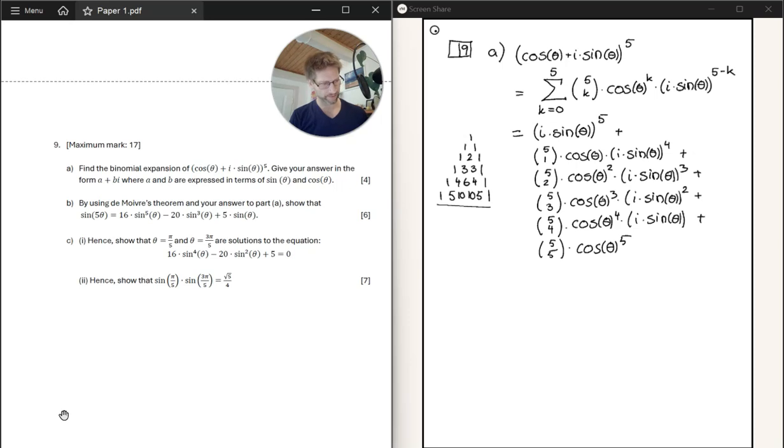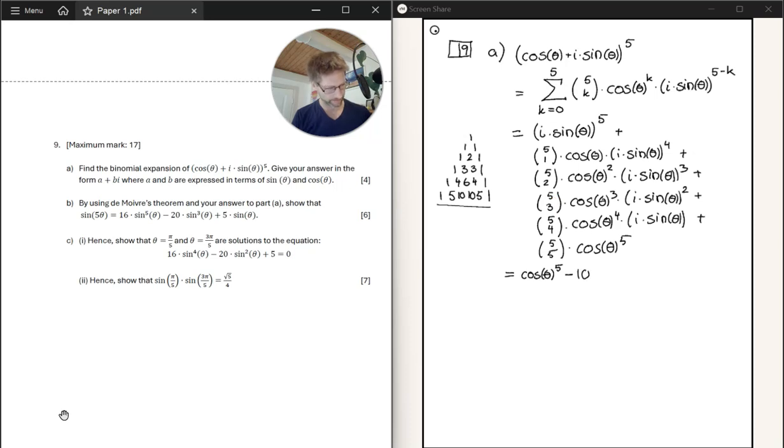These are the real part, and if we try and write those up, then the real part becomes 1 times cosine to the... Let's do this one first. We get cosine of theta to the 5. That's from this guy. Then we get, here we have I squared. That makes a minus. Then we get minus 5 choose 3.